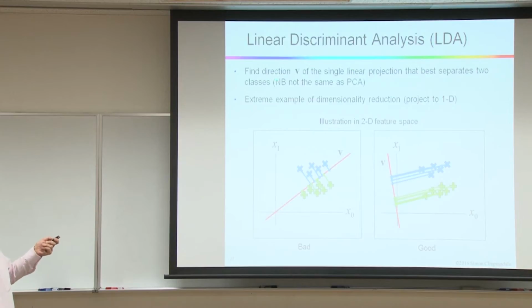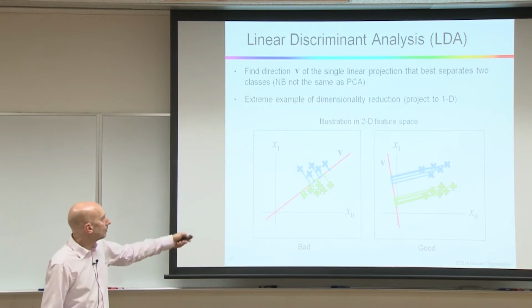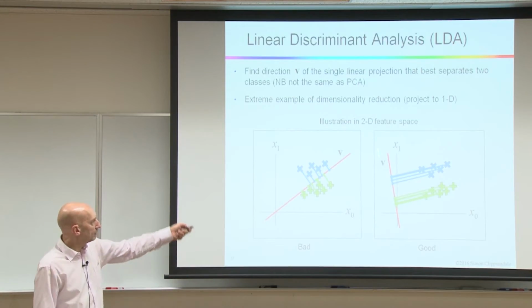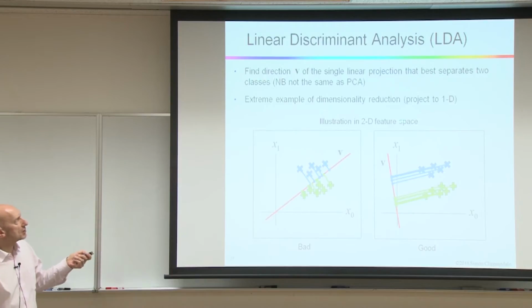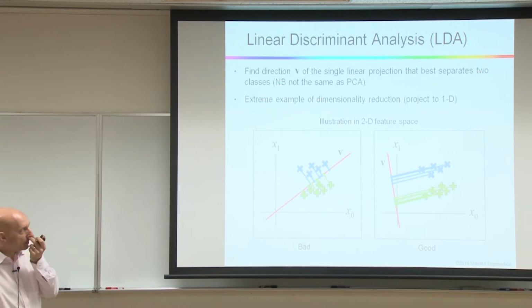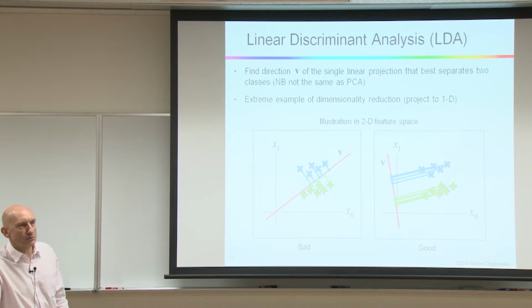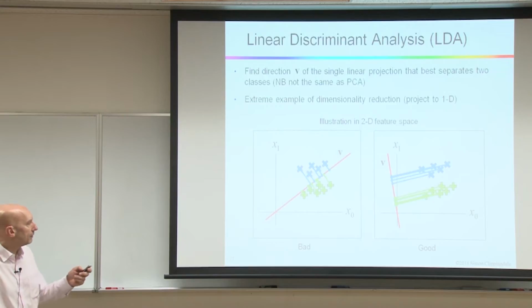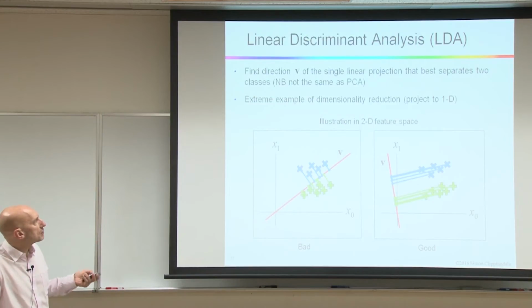The idea is to find the direction, call it V, of a single linear projection, could be like that, could be up here, could be up there, that best separates 2 classes. And this is a pretty extreme example of dimensionality reduction, because you're reducing your whole feature set to 1 dimension in the most extreme case.